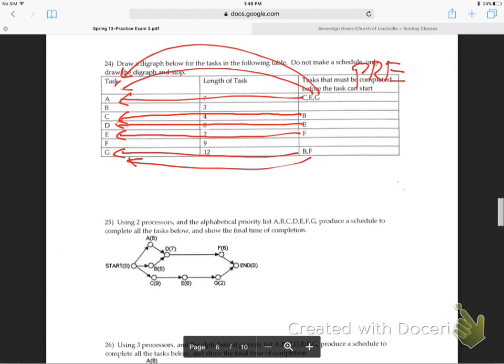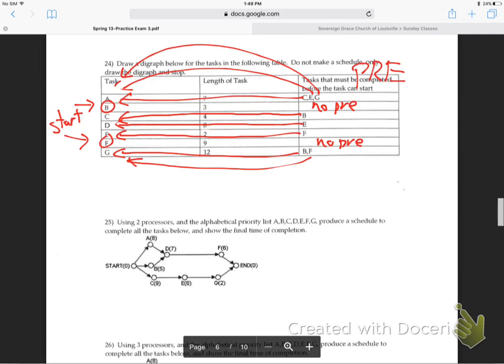Is there any letter that doesn't have anybody pointing to it? How do you know where to start? B and F are the starters because there's no pre for B and F. Does everybody see that?